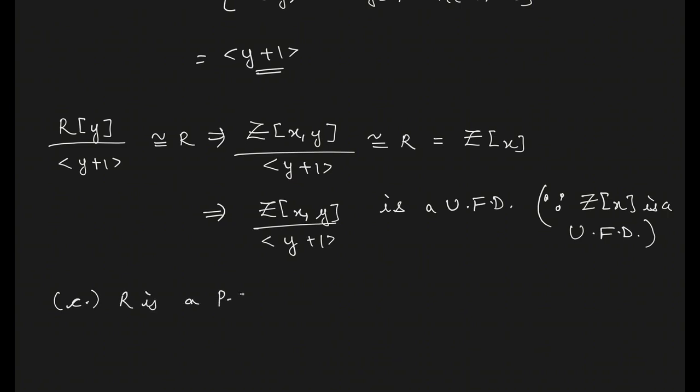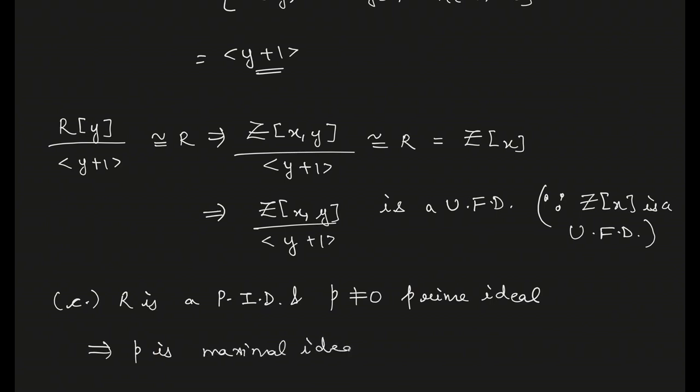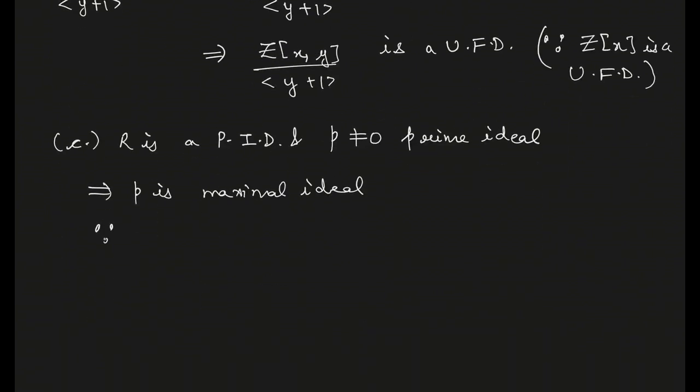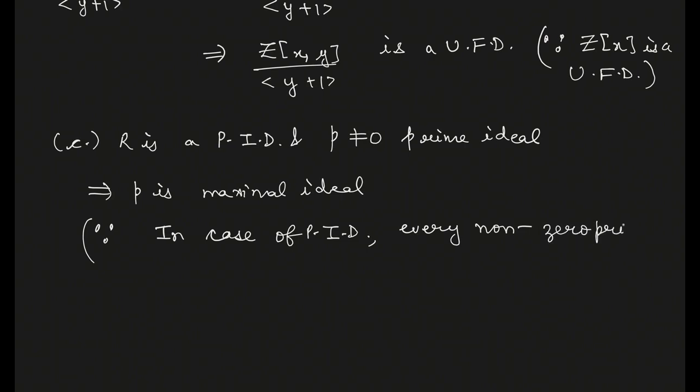If R is a PID and P is a non-zero prime ideal, this means that P is a maximal ideal, because we know that in case of PID, every non-zero prime ideal is maximal and every maximal ideal is prime.